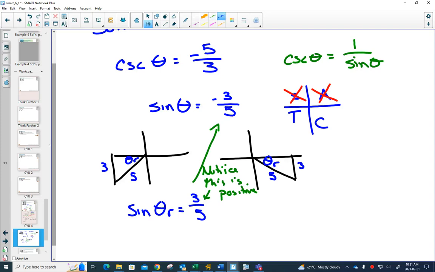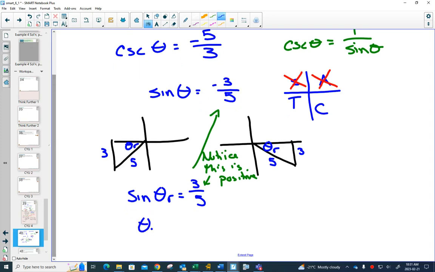I can now go to my calculator and find my reference angle by doing sine inverse of 3/5. And I get 36.9 degrees, round to the nearest degree, 37 degrees.